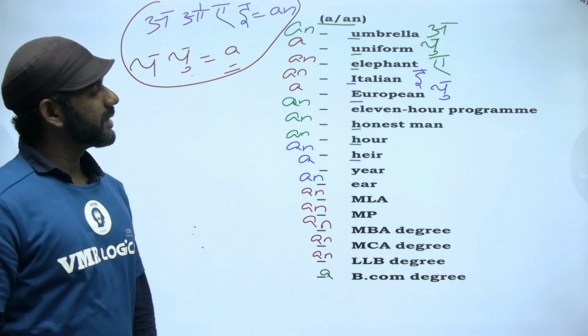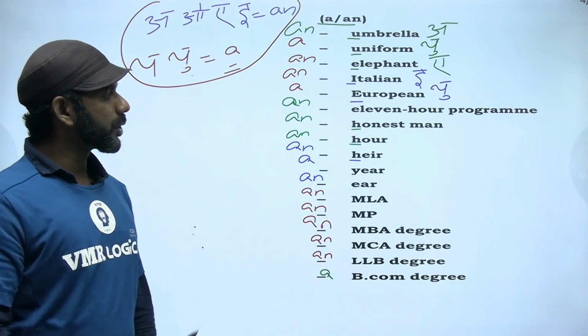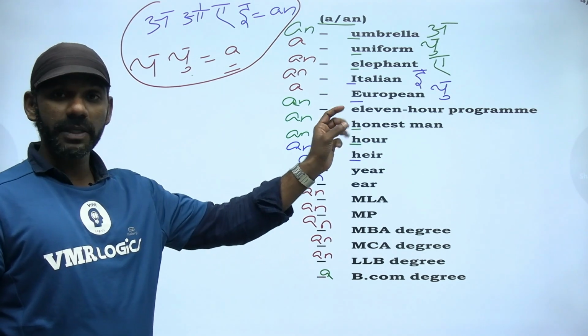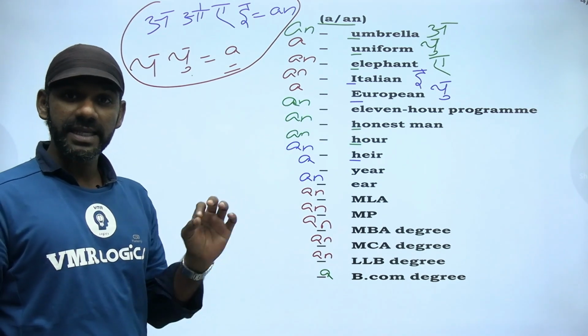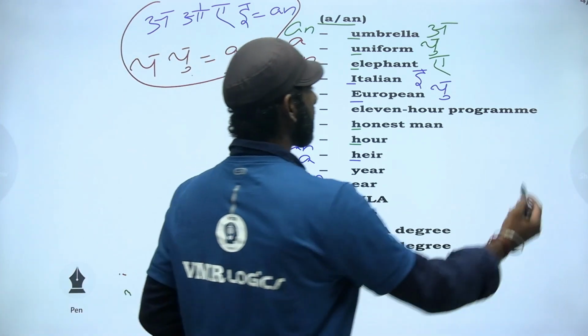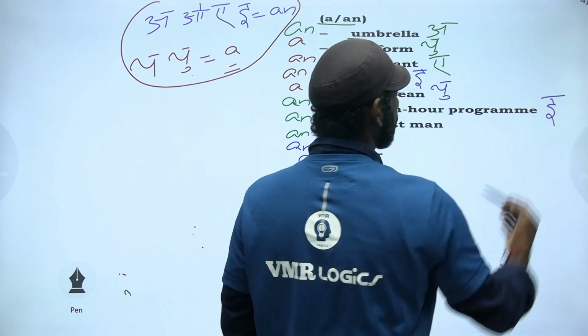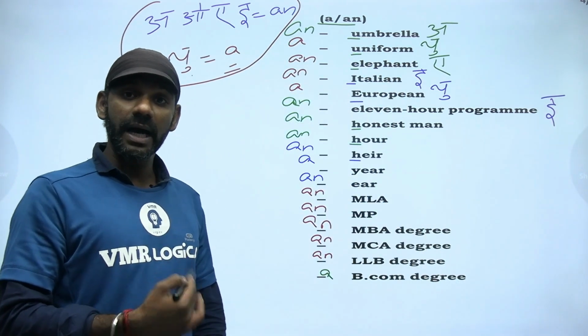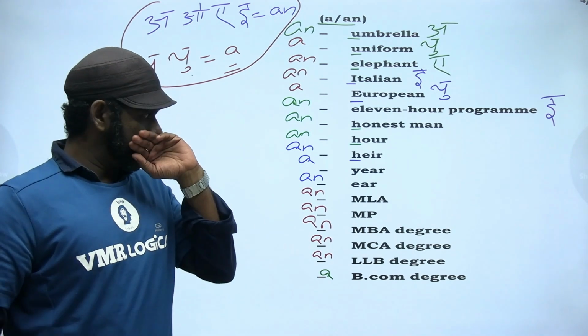Come to the next one. Dash 11-hour program. Now here, this word is not pronounced as eleven, it's pronounced as eleven. The first sound is E, so it must be an 11-hour program. Now, an 11-hour program or an 11 hours program, which is correct?